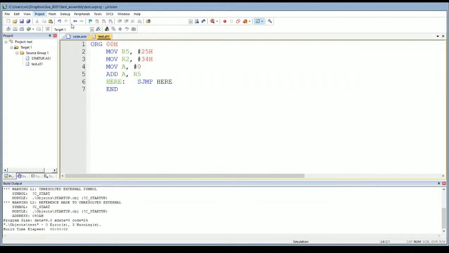In project, click on New uVision Project, and within this you have to choose a location at which you want to store all your programs. We will create a new folder, and we'll type online codes or online tutorials.